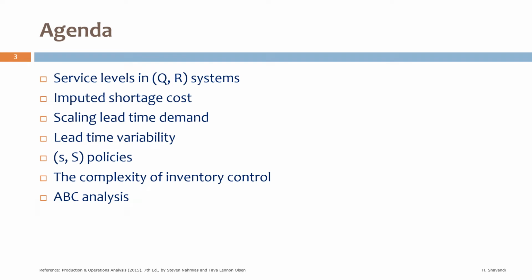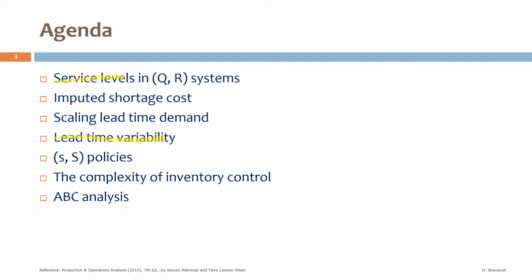Okay. This is our agenda for this section, or this week. We will have the service levels in QR systems. This is a new concept you are going to learn in this section, and an alternative approach to obtain the optimal levels for Q and R. And then we'll have the imputed shortage cost, scaling lead time demand, and lead time variability.